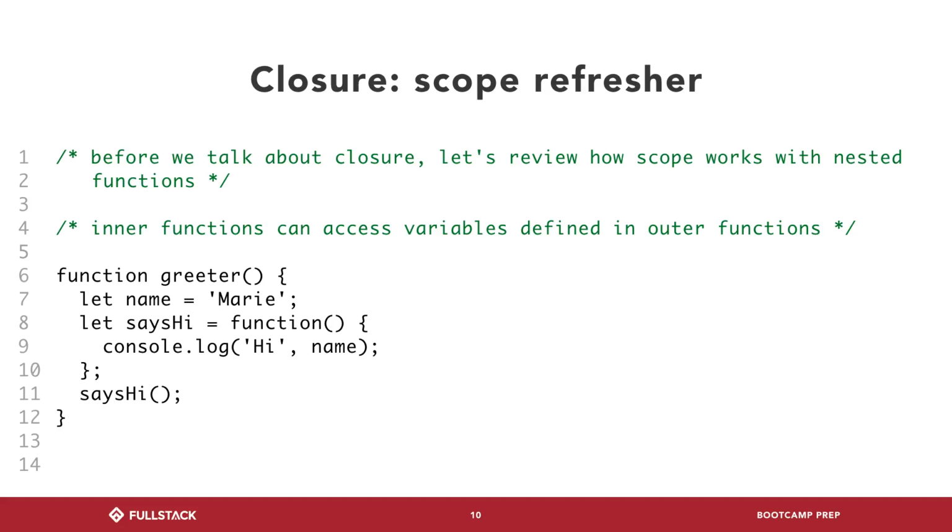Is there a name variable inside greeter? There is. Great, so I'm going to use that. There could be another variable called name in the global scope. I don't really care. I found the closest match, so that's what I'll use. And so when we invoke greeter, we get back hi Marie because it's reading the variable Marie from the greeter scope.